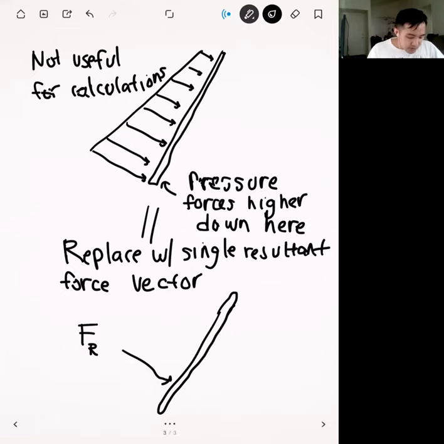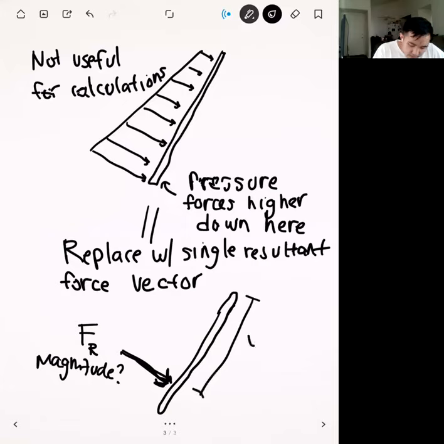And just like we said on the previous slide, what's going to be interesting in this is the magnitude of this pressure force, and also, where's the location? So the location could be somewhere like this. Okay. And usually we denote location with the y.